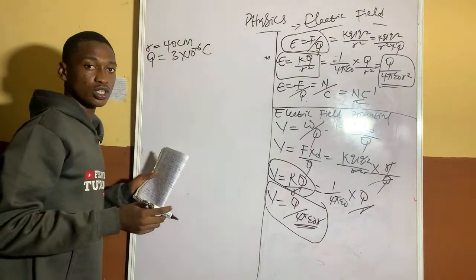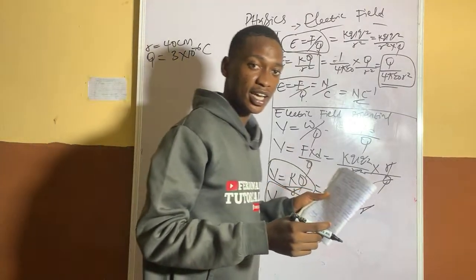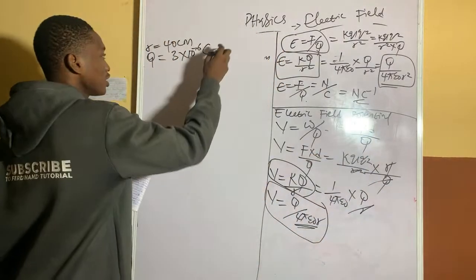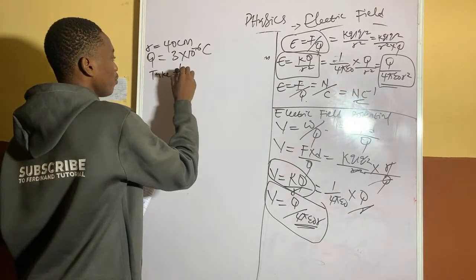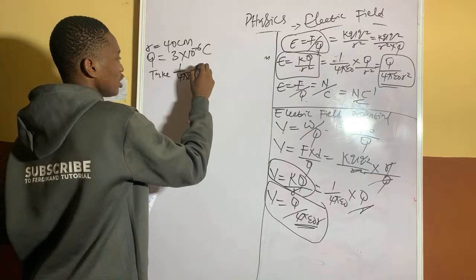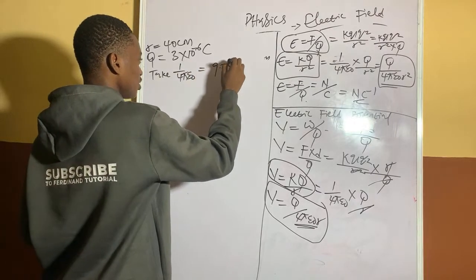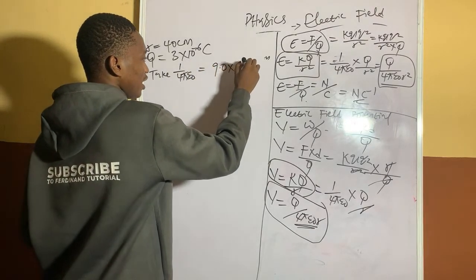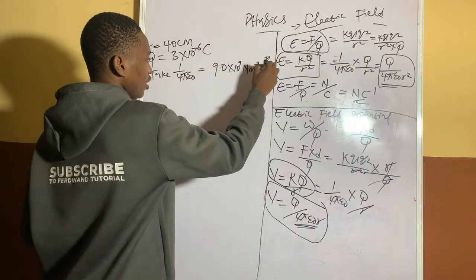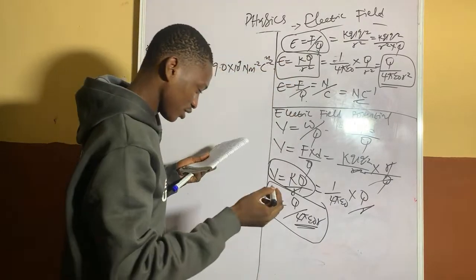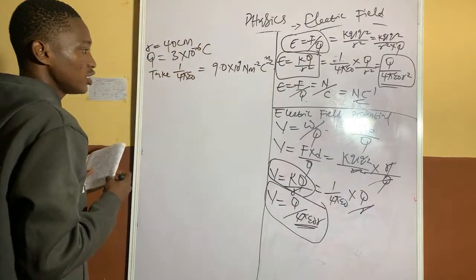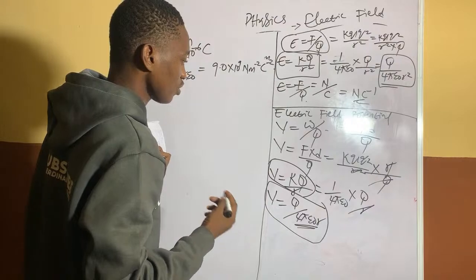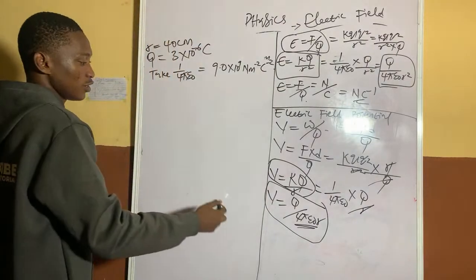Now, they didn't give us any particular K. But rather they said take 1 over 4 pi epsilon naught equals 9.0 times 10 raised to power 9 newton per meter square per coulomb square. Are we there now? Newton per meter square per coulomb what? Square.